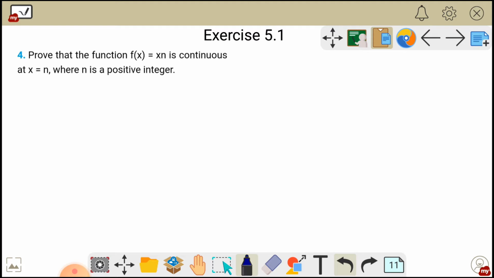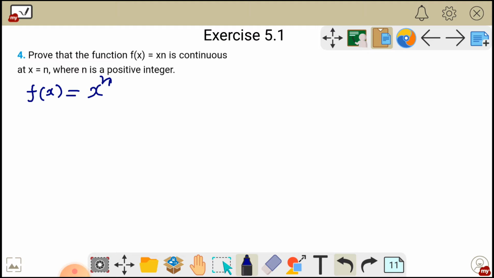So, we have given the function f of x is equal to x raised to the power n, and we have to show that this function is continuous at x is equal to n, where n is a positive integer. One thing we can say surely is that the function is well defined at x is equal to n, where n is a positive integer.